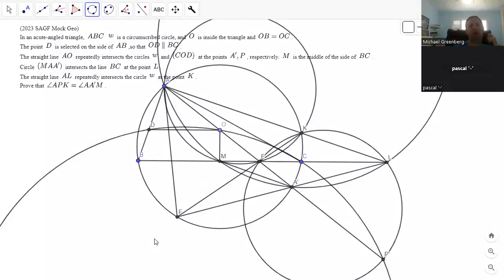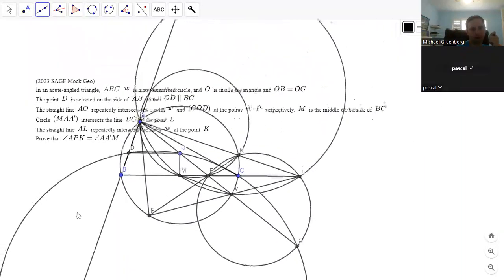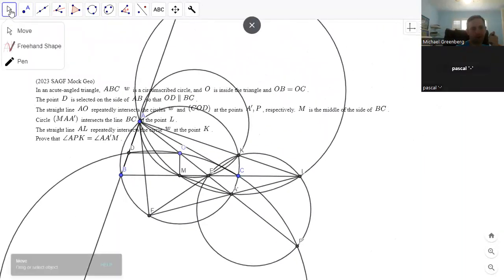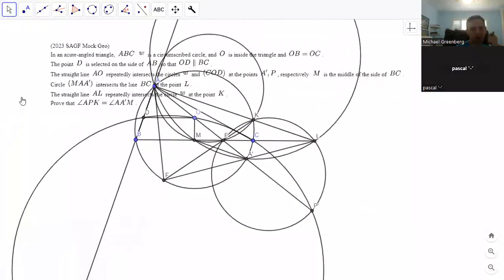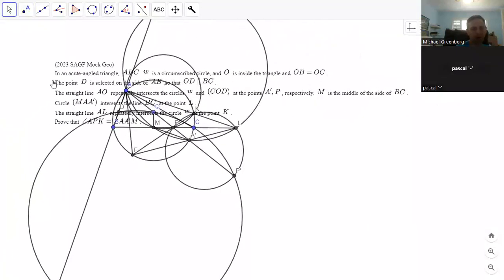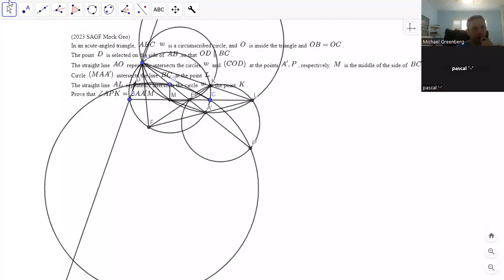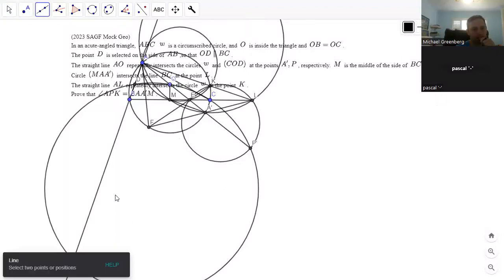Can we use the power ratio lemma? I don't think so. Power of a point. What if we drew the other intersection of AB with that circle? Like maybe there's another point on the circle, DO, CP, and I don't know this point.